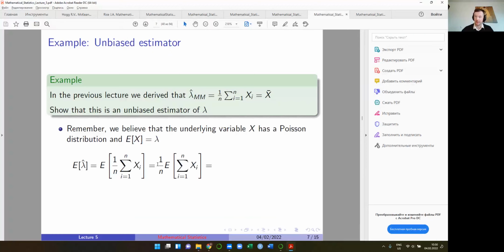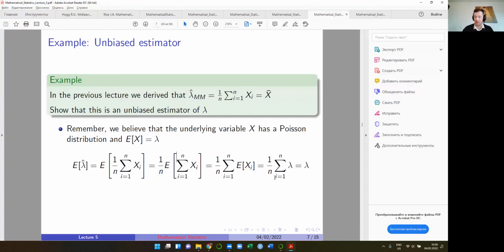I first take the constant out of the expectation sign. I have an expectation of the sum of random variables. Now the expectation of the sum of random variables equals the sum of their expectations, so the expectation goes inside the summation sign. Now, what is the expectation of x_i? It's lambda. So I have the sum of n lambdas divided by n.